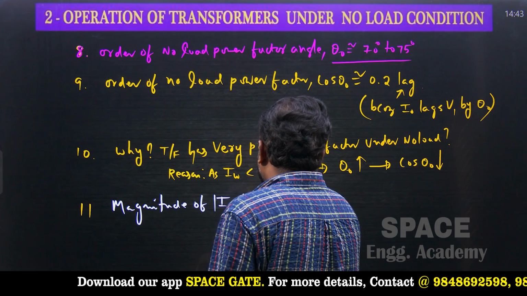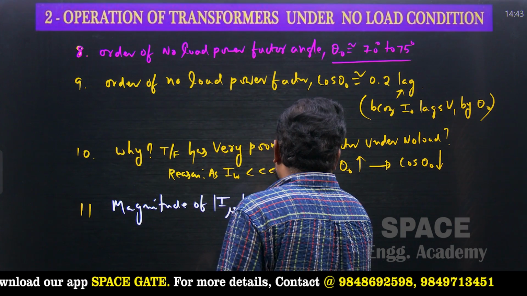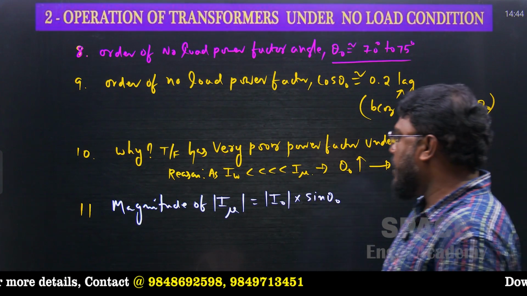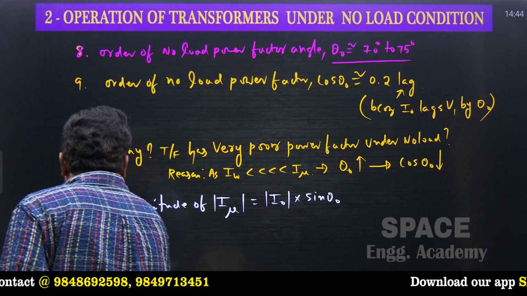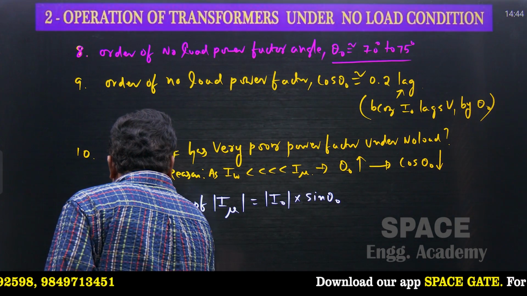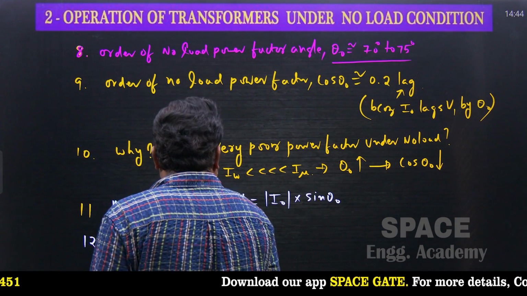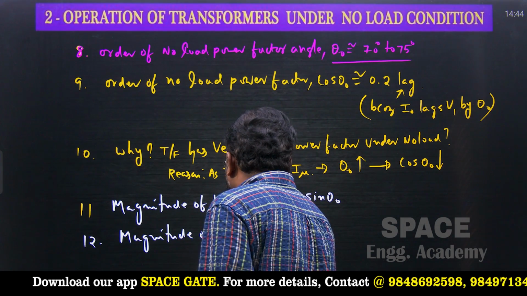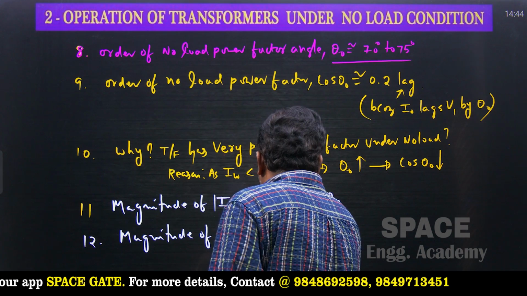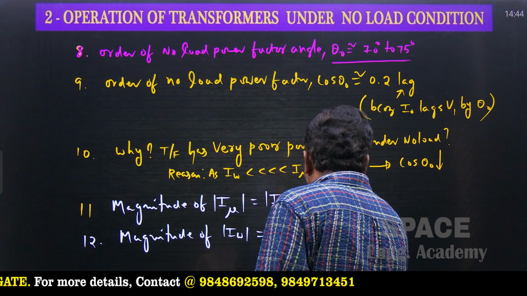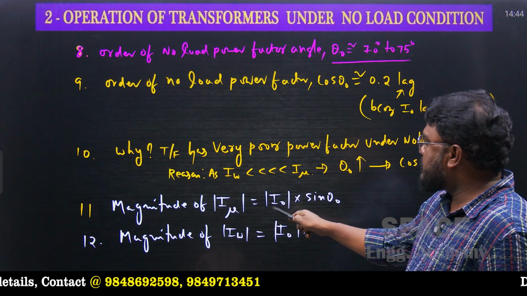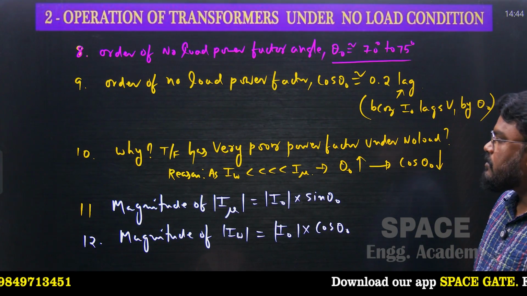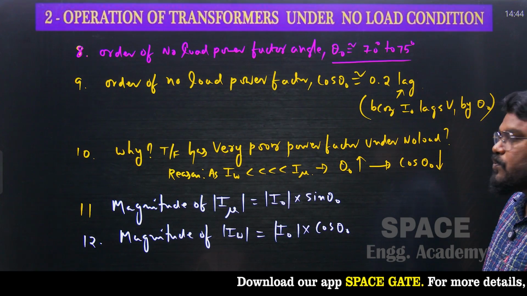The magnetizing component is always I naught into sin theta naught, where theta naught is the no load power factor angle. And the magnitude of the iron loss component of current, IW, is I naught into cos theta naught. I naught is the magnitude of the no load current.